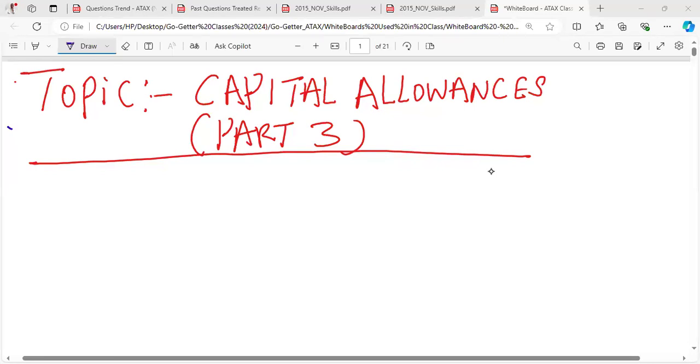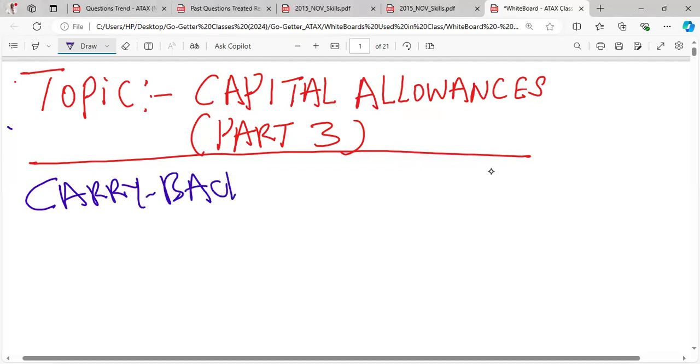Then we looked at how balancing charge and balancing allowances were treated. We looked at that a little, and we said today we are going to be doing something called carryback of capital allowances.